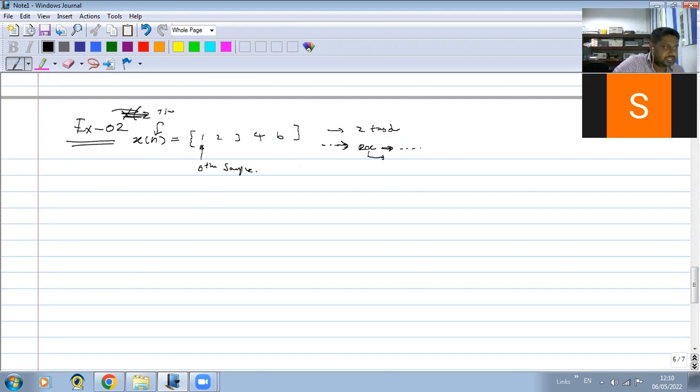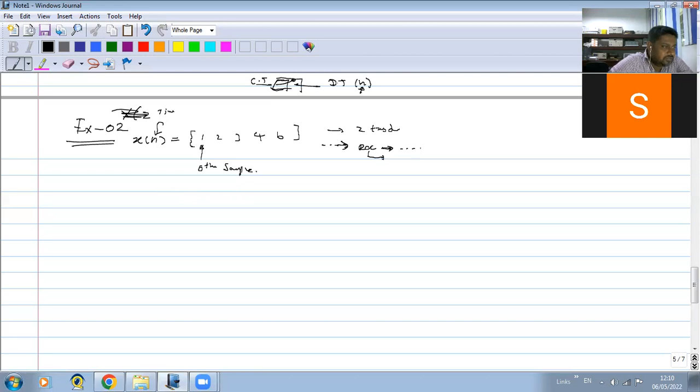If you send a continuous time signal through a sampler, you will get a discrete time signal. The sample number we normally denote using n.